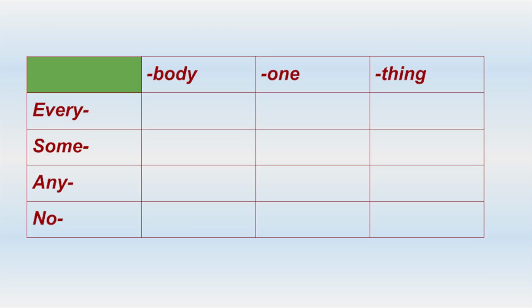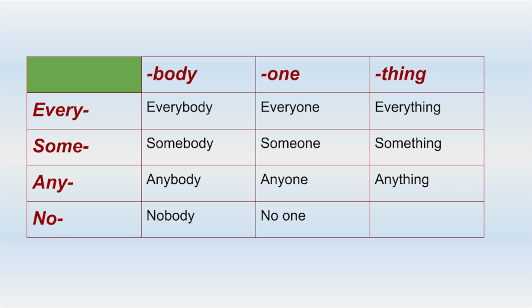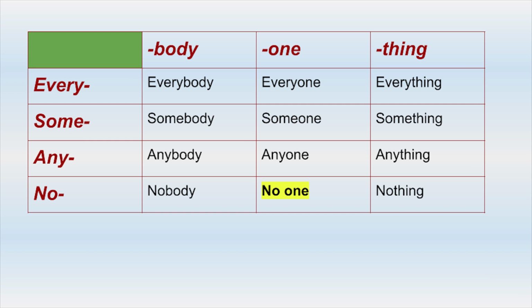From these combinations, we get the following indefinite pronouns: everybody, everyone, everything, somebody, someone, something, anybody, anyone, anything, nobody, no one, nothing. Note that no one is always written as two words.